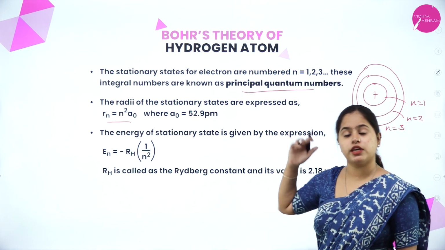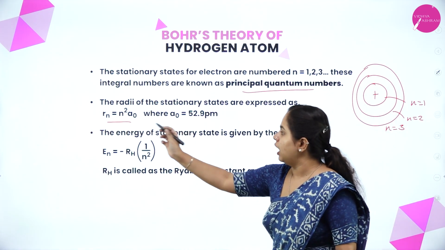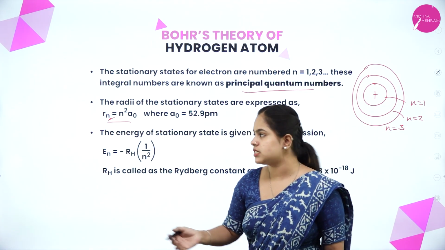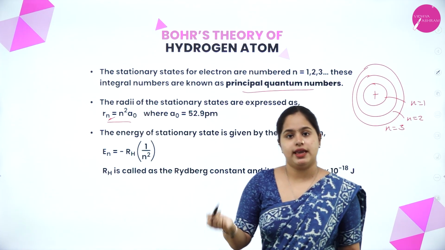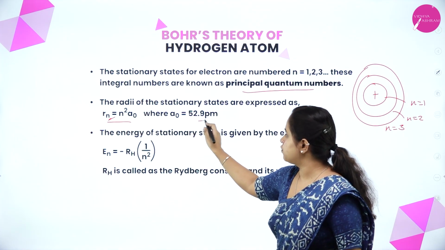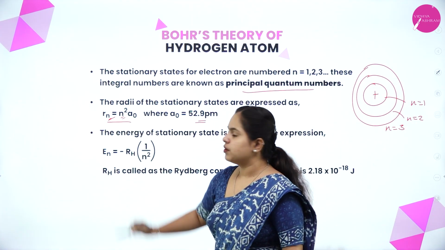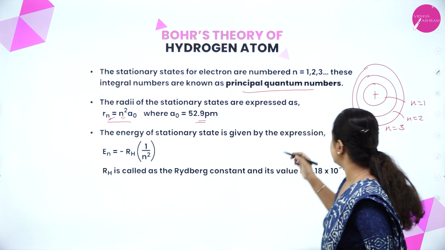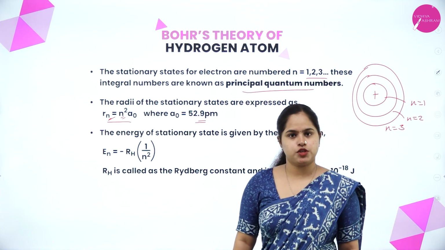The radius corresponding to each of these energy levels can be calculated using the equation Rn, that is which energy state it is, that corresponds to n, which will be equal to n square into a naught. The value for a naught is 52.9 picometer, and n will correspond to the shell or the principal quantum number. Yes, n is equal to 1, 2, 3. Which value it is, you have to substitute in here.